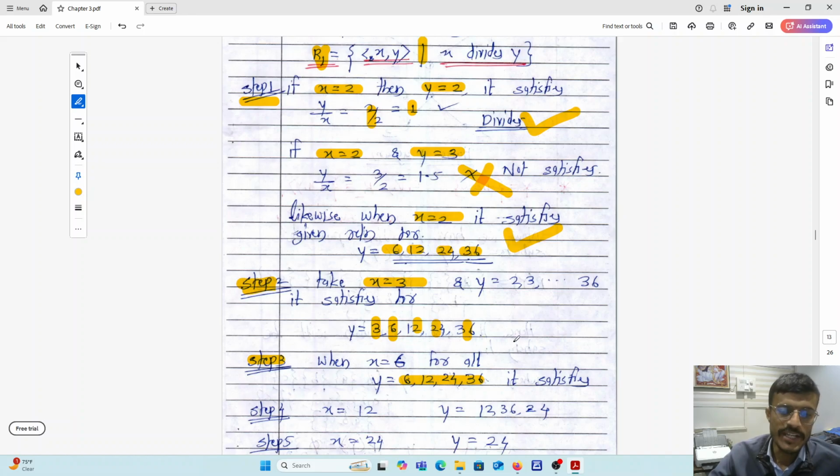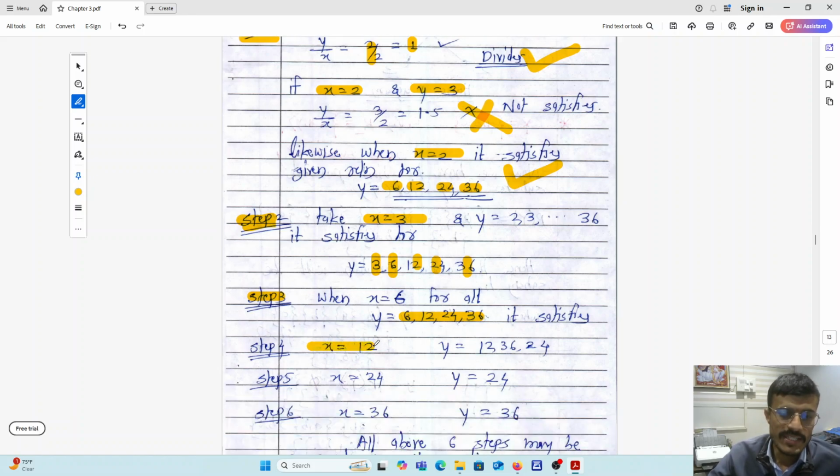It is not satisfied for 2 and 3 because 2 and 3 are not divisible by 6. Then whenever X is equal to 12, it is satisfied for 12, 36 and 24, not for 2, 3 and 6. Whenever X is equal to 24, it is satisfied for Y equal to 24, not for Y equal to 36. And whenever X is equal to 36, it is satisfied for Y equal to 36.